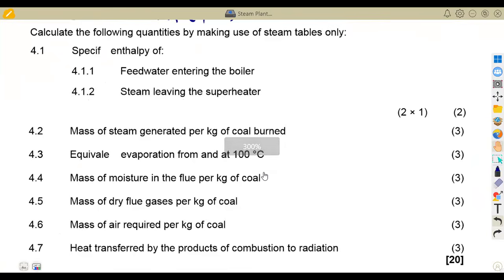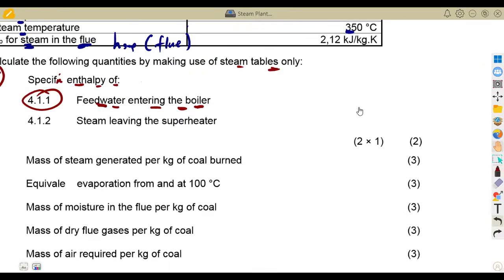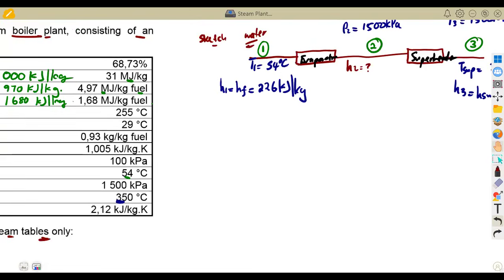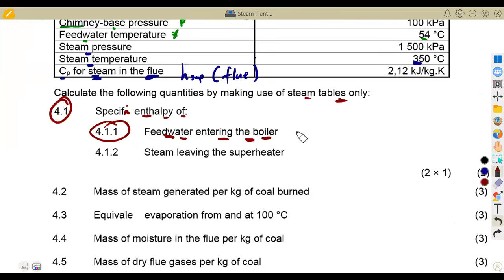Calculate the following quantities by making use of the steam tables only. 4.1, the specific enthalpy of the feed water entering the boiler. Already we stated this from our steam table. We already have this, our h1, 226 kilojoules per kilogram.